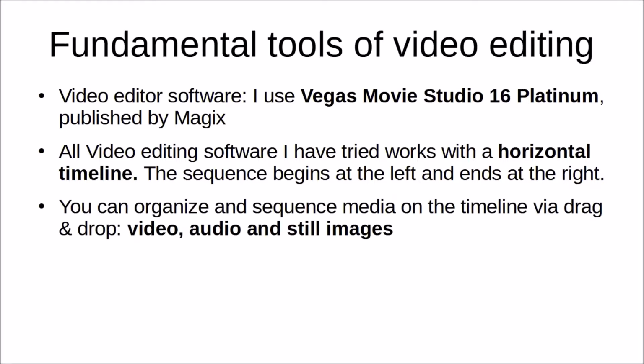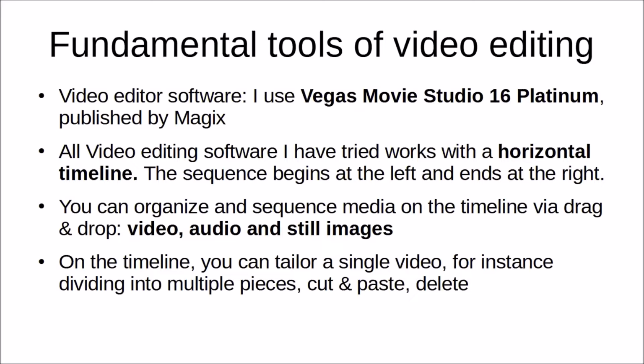You can organize and sequence media on the timeline via drag and drop, and that includes video, audio, still images, superimposed titles, lots of different things. And on the timeline, you can tailor a single video, for instance, dividing it into multiple pieces, cutting out the stuff that really isn't going to be interesting, maybe camera screw ups and so forth, and reorganize the sequence and try different ideas.